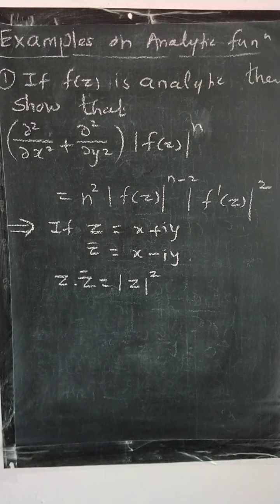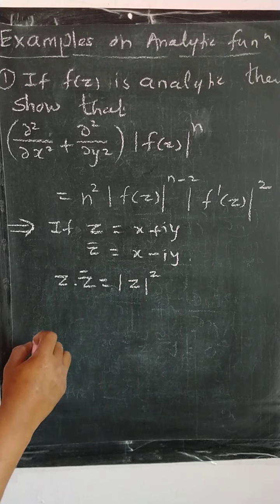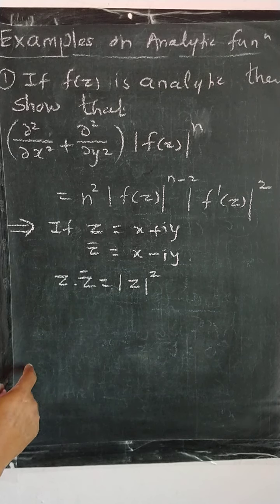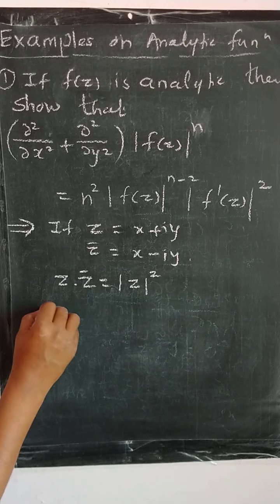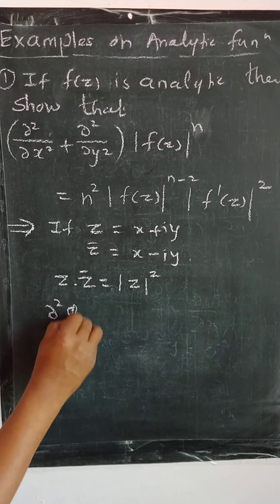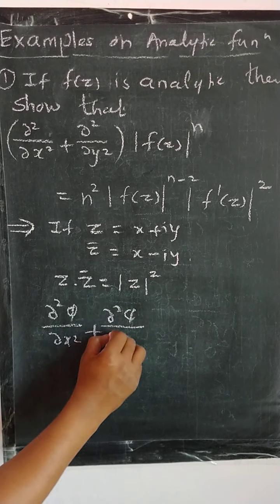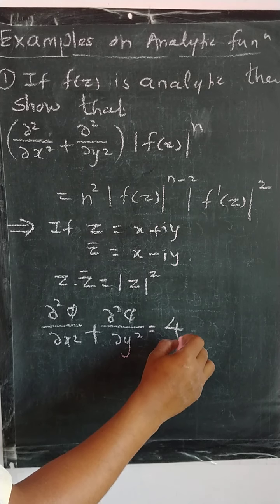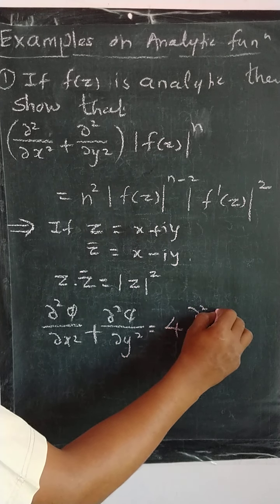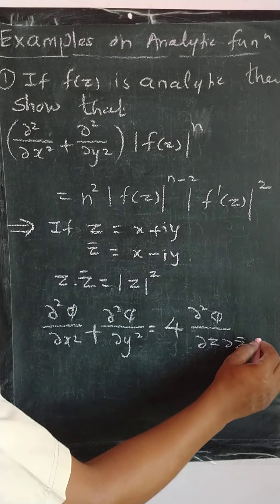And the second important thing is that we have discussed about the operator, that if phi is harmonic function, then ∂²phi/∂x² plus ∂²phi/∂y² can be written as 4 times ∂²phi/∂z∂z bar.